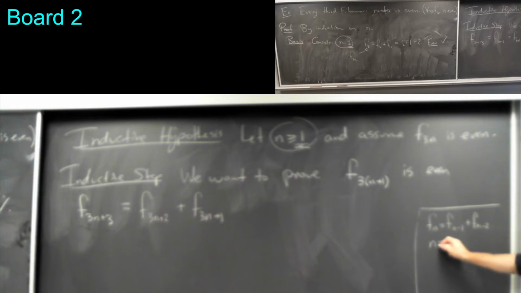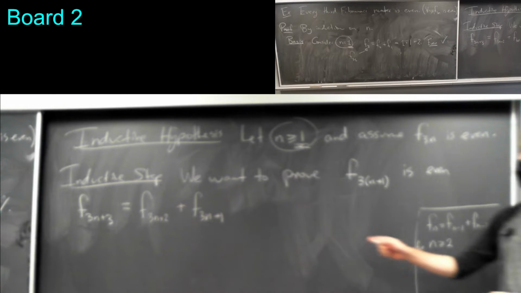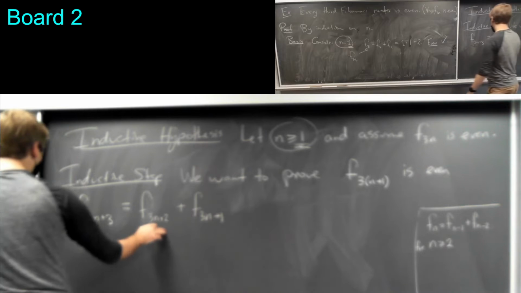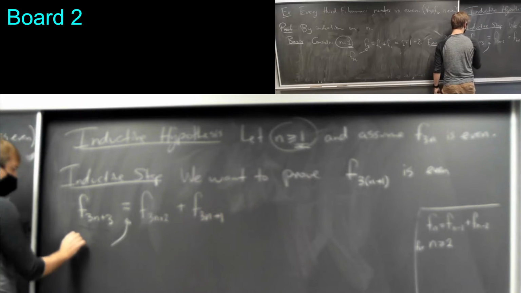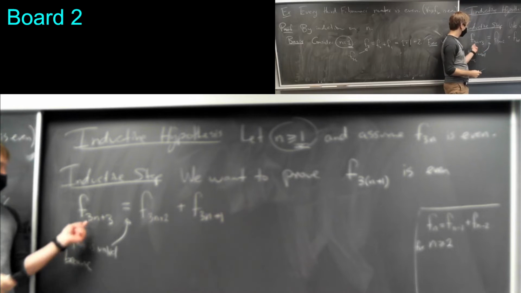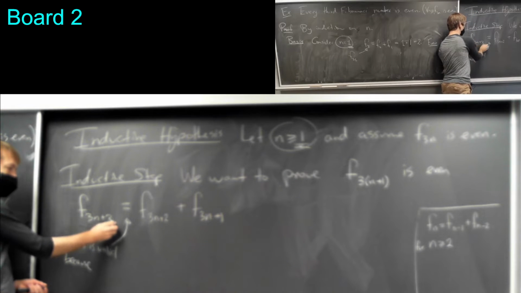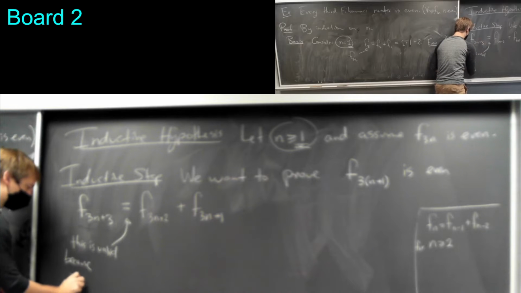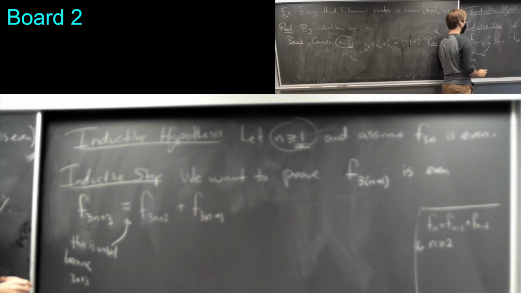We have to somewhat remember that this statement is only true for n at least 2. So you have to kind of think, is this valid? But this is valid because the number I've got down here is definitely at least 2.